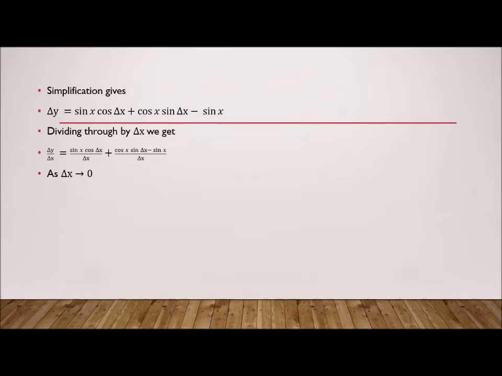Now as delta x tends to 0, we shall have delta y over delta x tends to dy/dx, and cos delta x tends to 1, and sin delta x tends to the same angle delta x. This is also easily obtained because we know that cos 0 is 1 and sin 0 is 0.